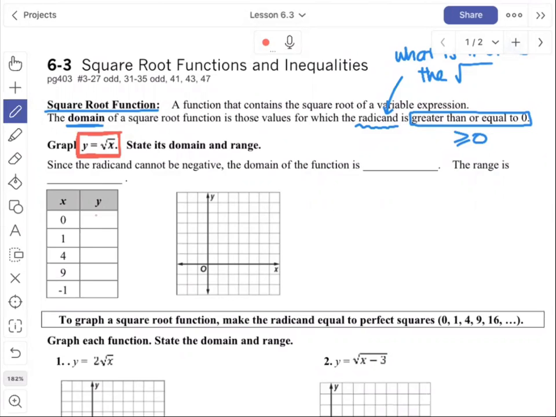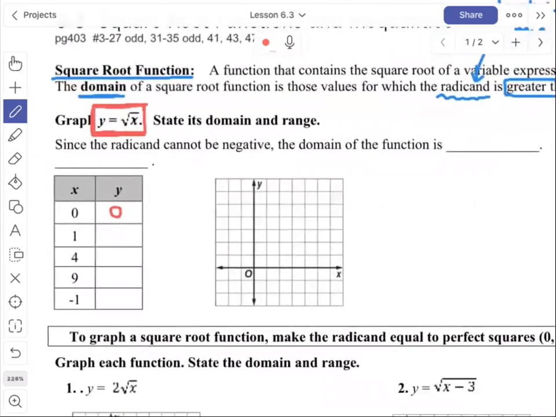Yep, rad 0 is just 0. Gavin, what do we get when we plug in x is 1? 1, perfect. Queenie, what happens when we plug in 4? 2, good. And Caitlin, what do we get when we plug in 9? 3, perfect.